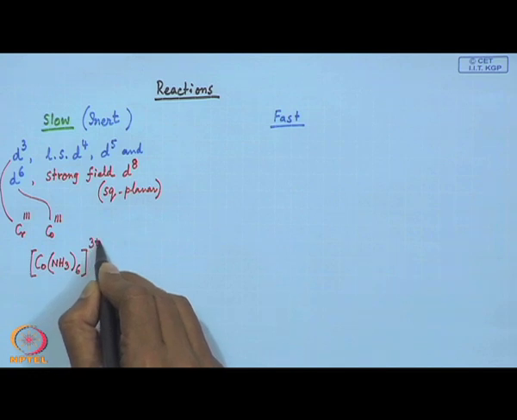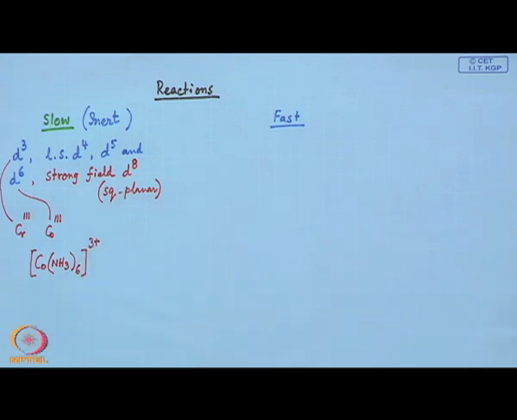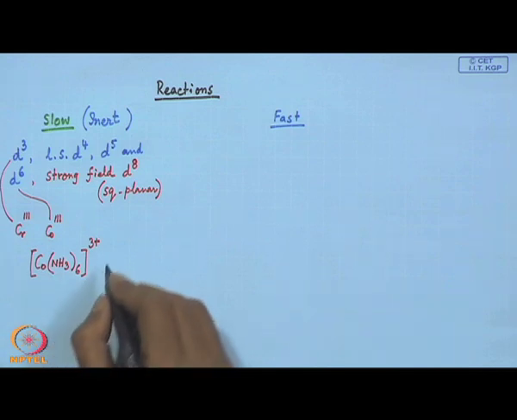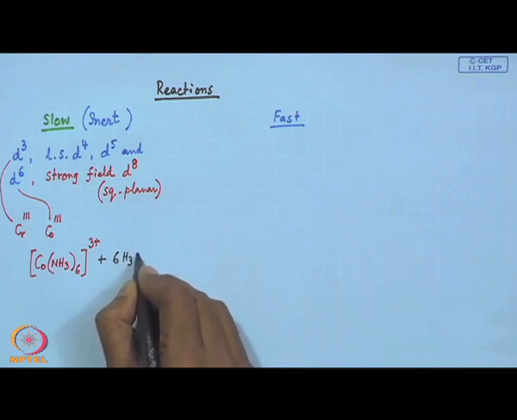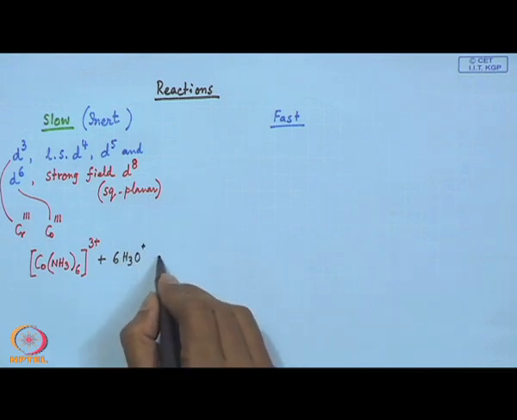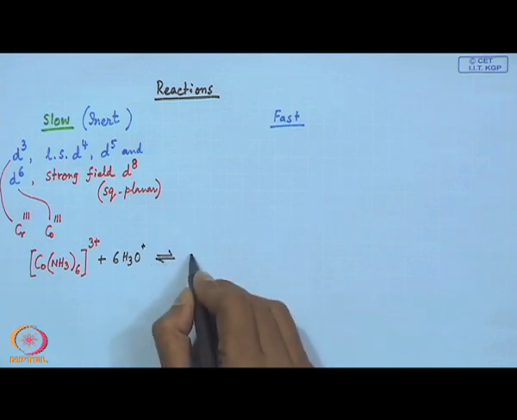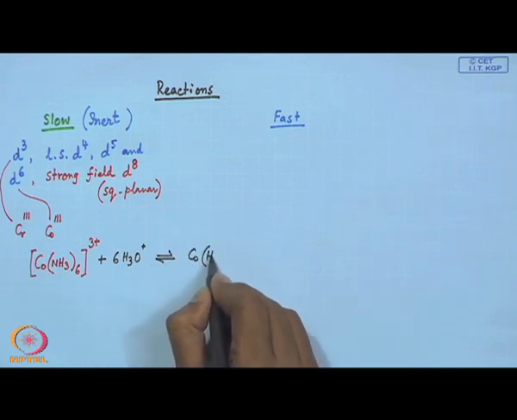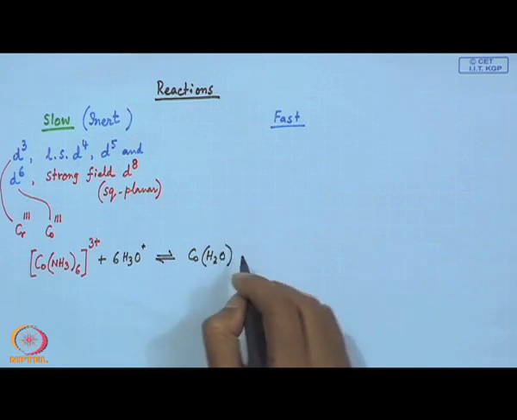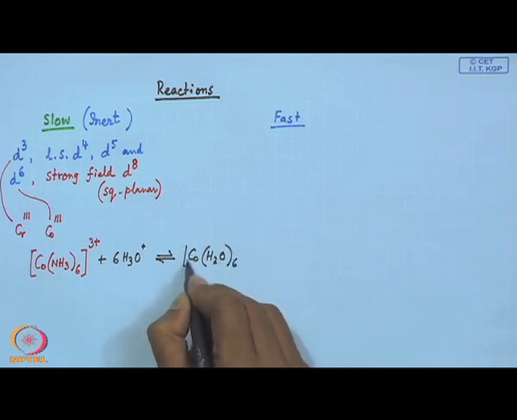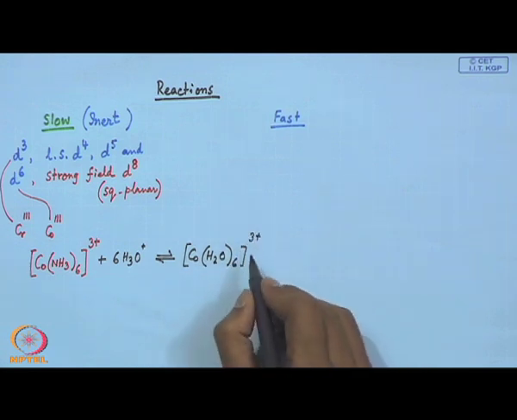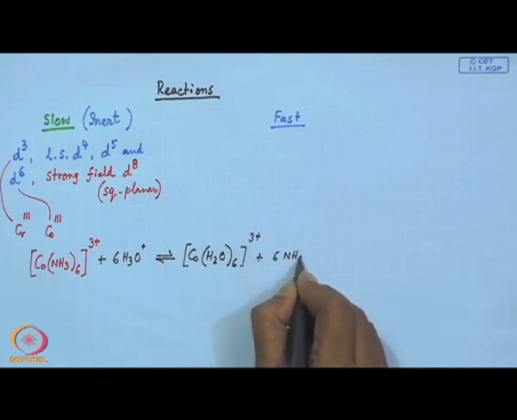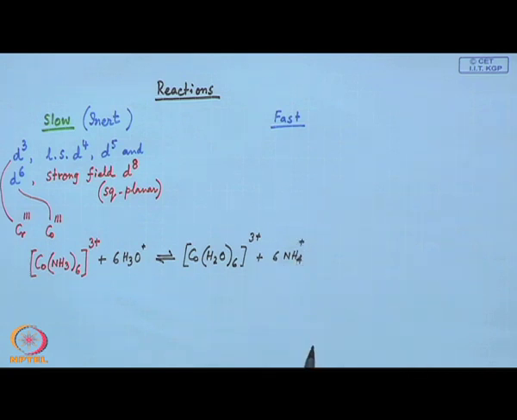which is substitutionally inert. When this compound is reacting with acids, say protons, it gives rise to the substitution of all the ammonia ligands by water molecules, giving the hexaaqua cobalt 3 compound and 6 ammonium ions after protonation.